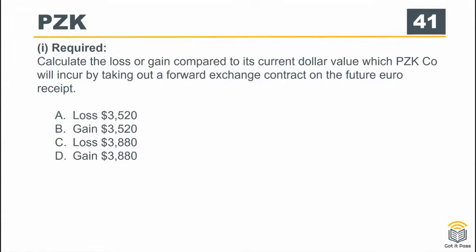So compared to current dollar value, in other words, if 1.2 million is received today, what's the value? And then if compared to 6 months by forward exchange contract, what's the value of the exchange contract? So any gain or loss by taking the forward contract.